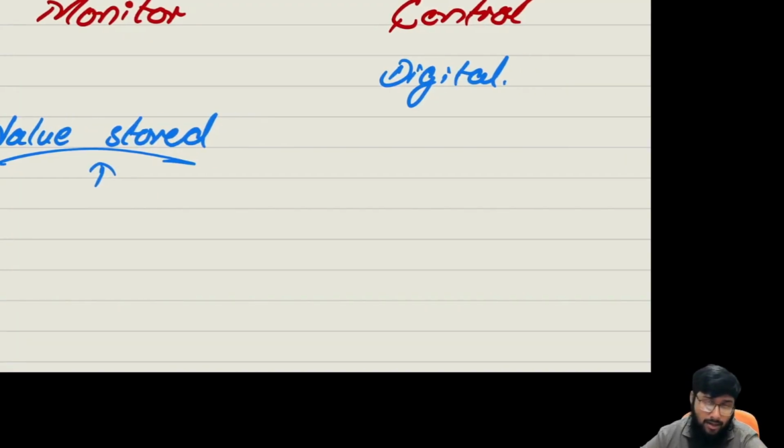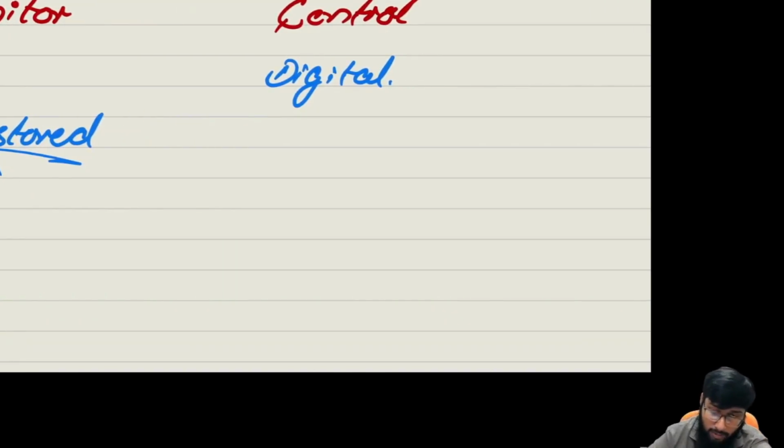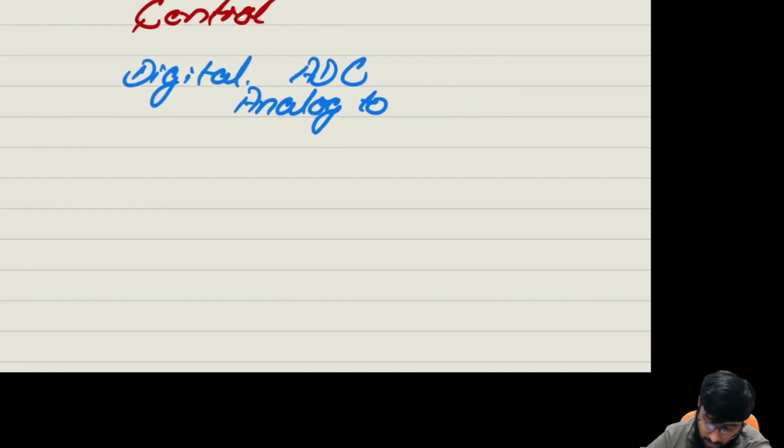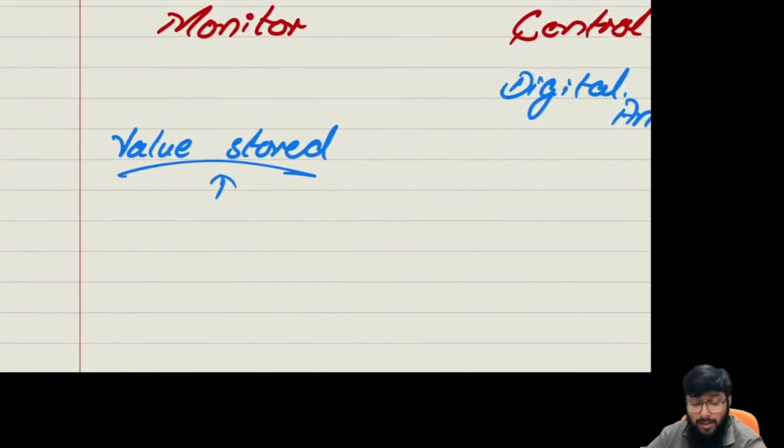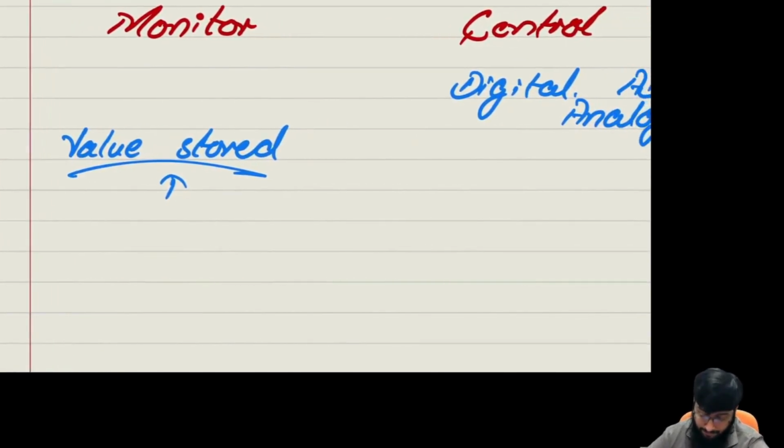How are they converted? With the help of the ADC, the analog to digital converter. Once they are converted into the digital format, the new values are compared with the values that are already stored.